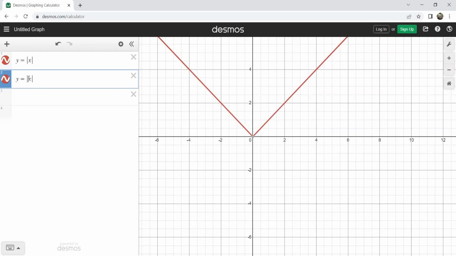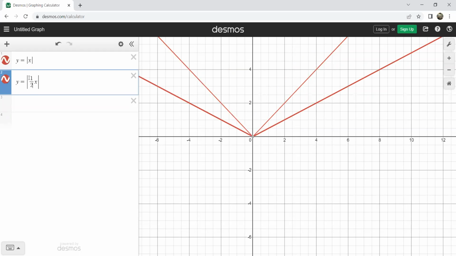Now, if I multiply by some fractions, like a half, 1 divided by 2 times x, see what happens. I get a wider graph. So if I multiply my x by fractions between 0 and 1, I get a wider graph.